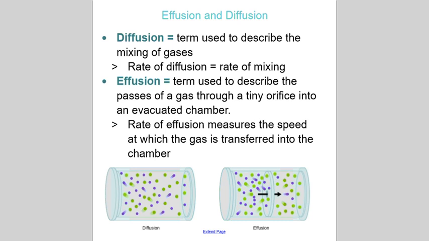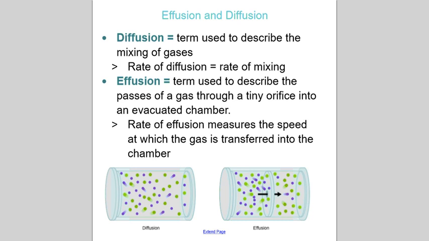Effusion is a gas moving through a container wall. So no container is completely sealed. There's always micro cracks and everything else. So if you were to have a gas sealed in a container, small amounts of it are going to escape from that container.